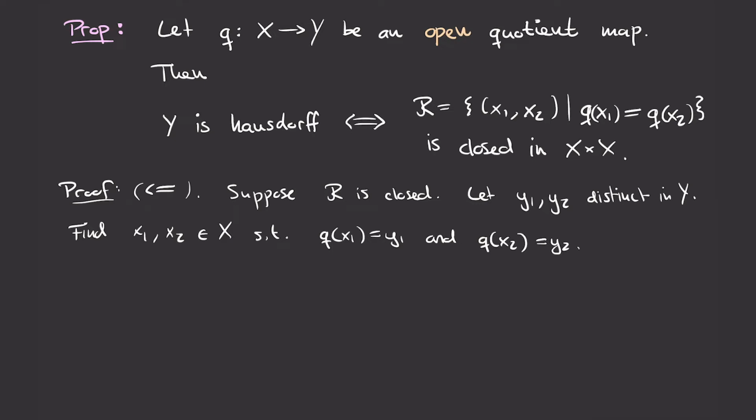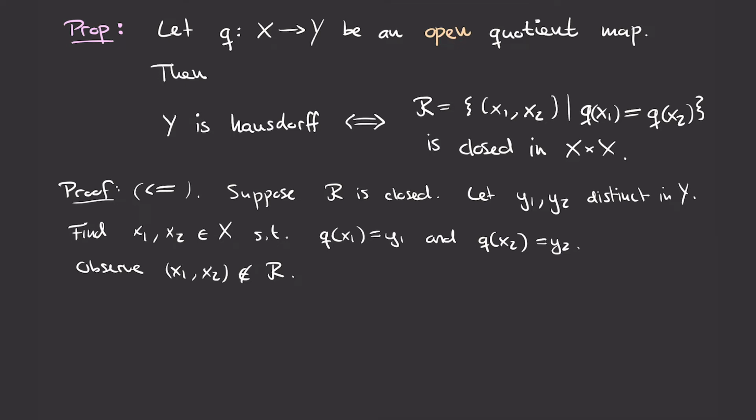We now observe that because the points y1 and y2 are assumed to be distinct, the tuple (x1, x2) does not lie in the set R. Again, this is just a definition of R, because R only contains tuples whose images are the same under the map q.